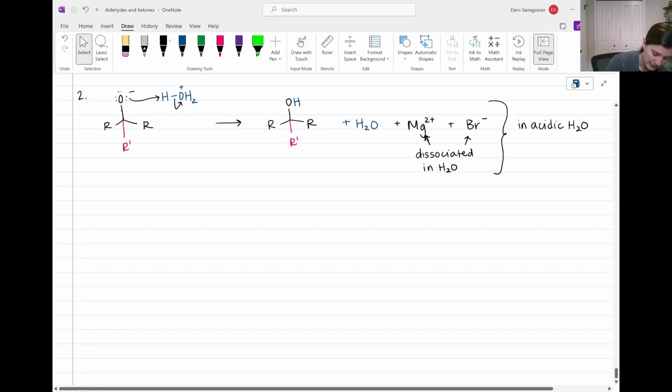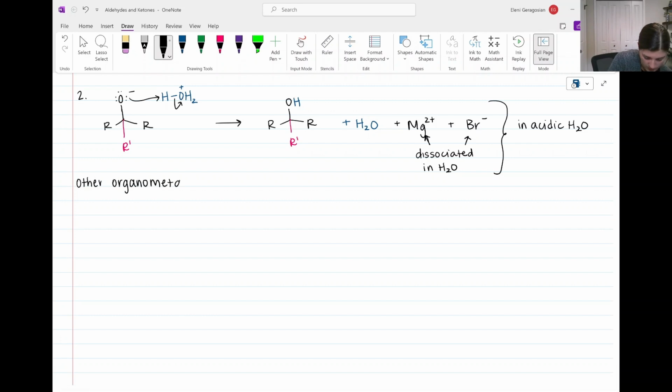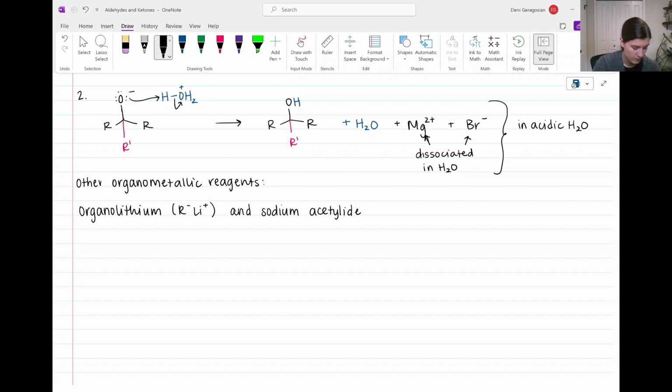So those other organometallic reagents are organolithium, so you'd have some R group with a lithium cation, and another is sodium acetylide, which is a sodium and then a carbon triple bonded to another carbon.